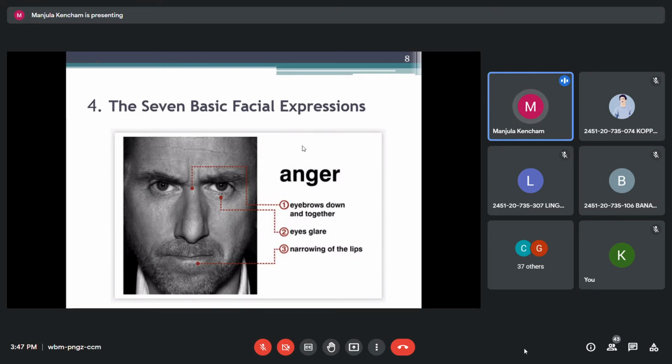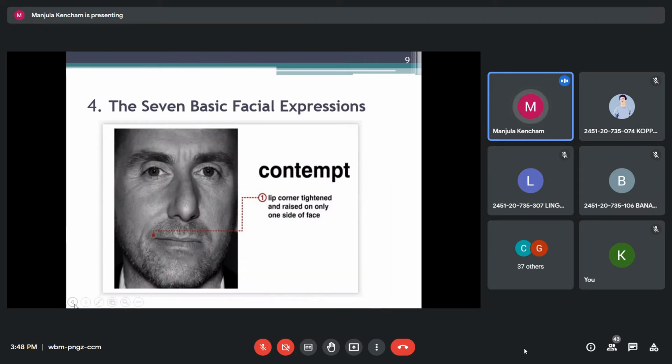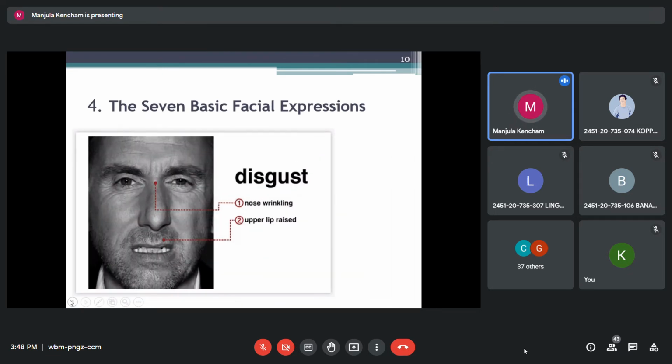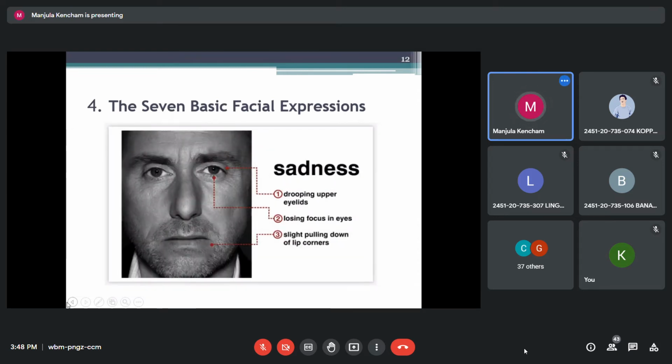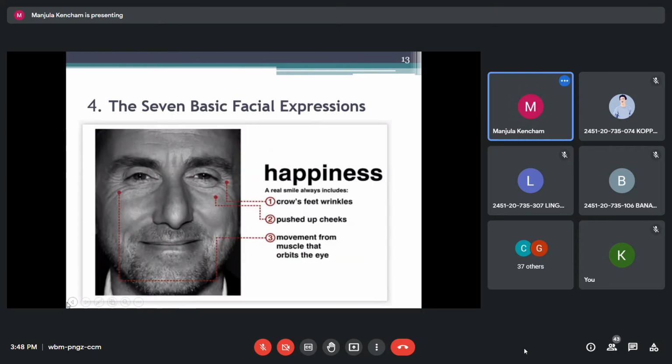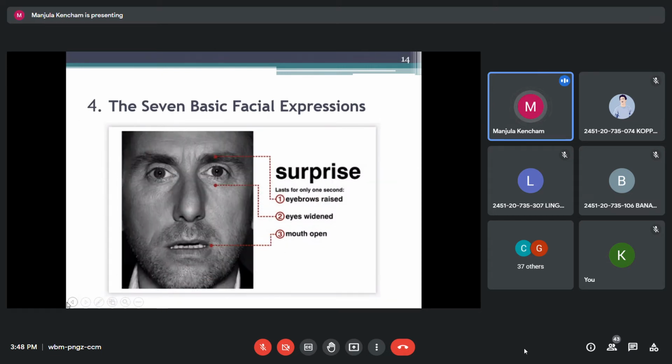Anger, disgust, desperation, pleased, excitement. Your eyes reflect all these features with the help of your face. Contempt, disgust, fear, sadness. You can make out by looking at somebody, why did you put a long face? That would be a statement from somebody if they observe you being very dull and lost in thought or something like that.